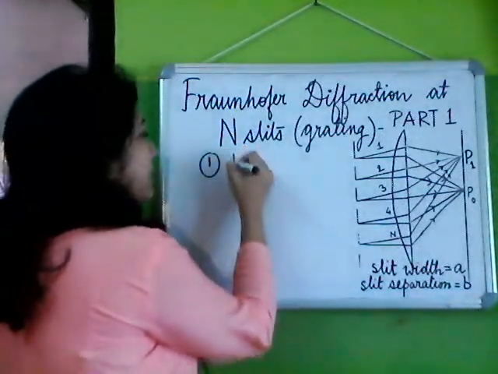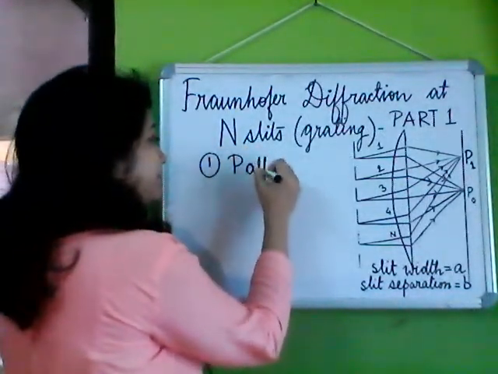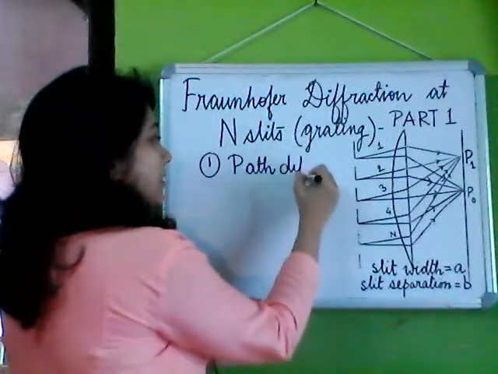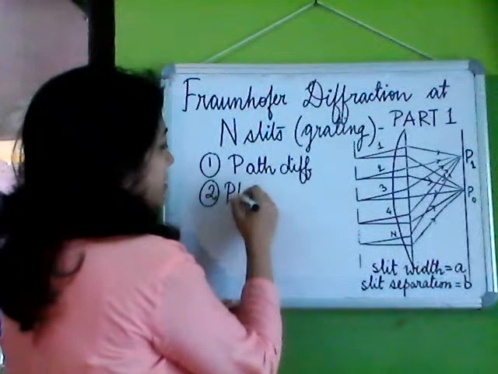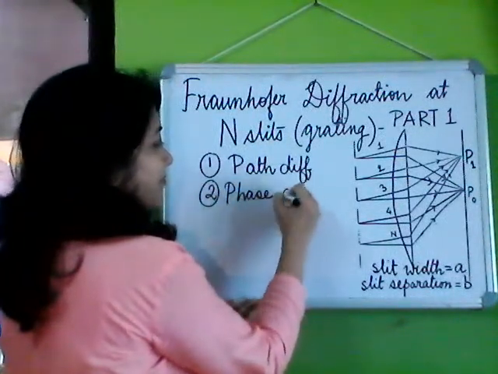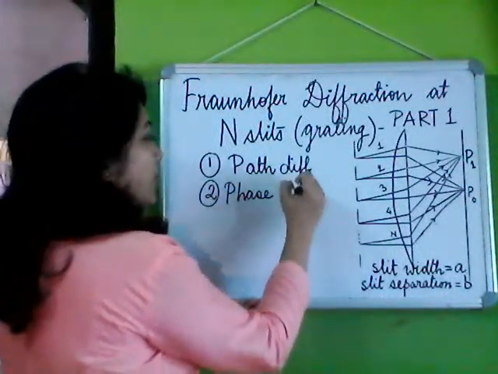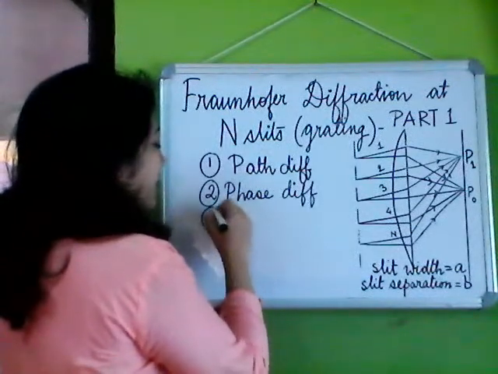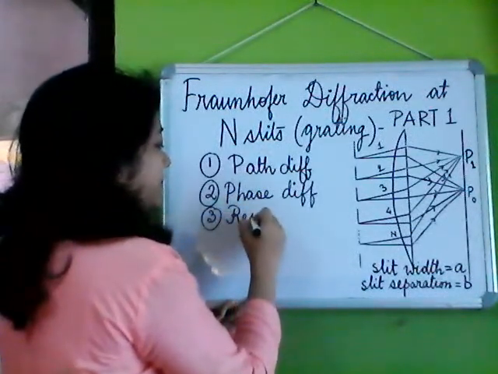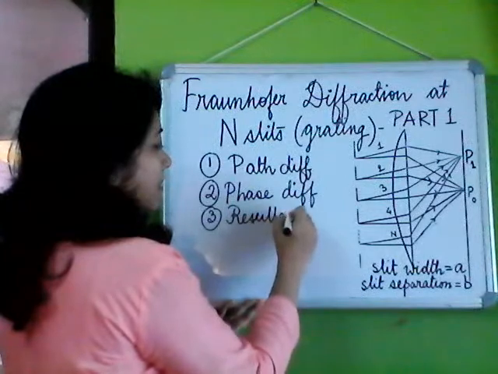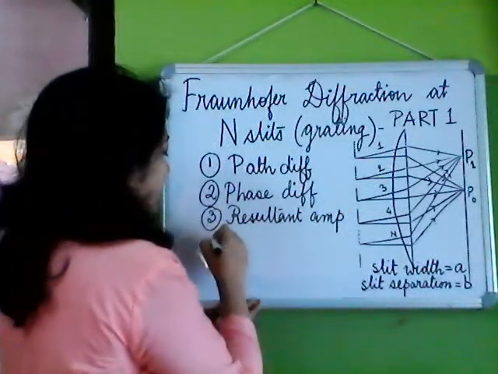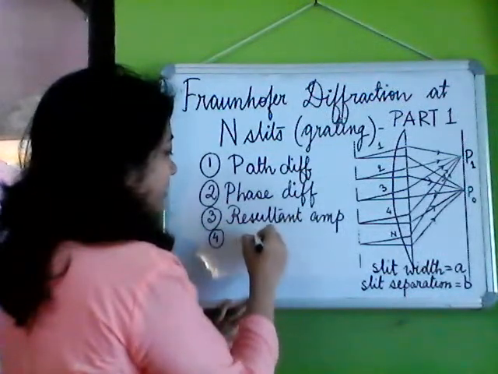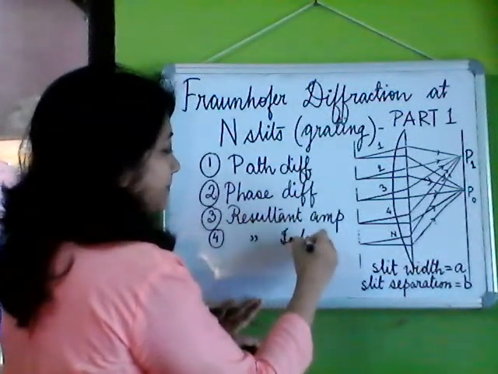First, we will begin with path difference. From path difference, we will be calculating the phase difference, which will help us find the resultant amplitude. And from there, obviously, we will be calculating the resultant intensity on the screen.